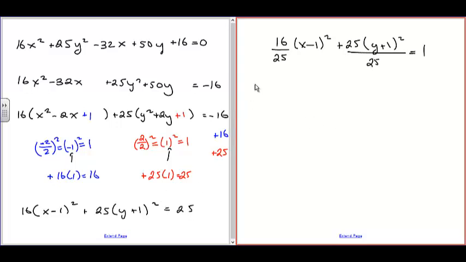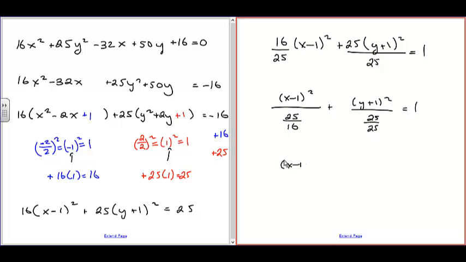25 divided by 25 on the right hand side. Again, we want to take the reciprocal of the fraction we have here and then put that in the denominator. So it's 25 over 16. Here we'll get 25 over 25, which is 1. And that's equal to 1.